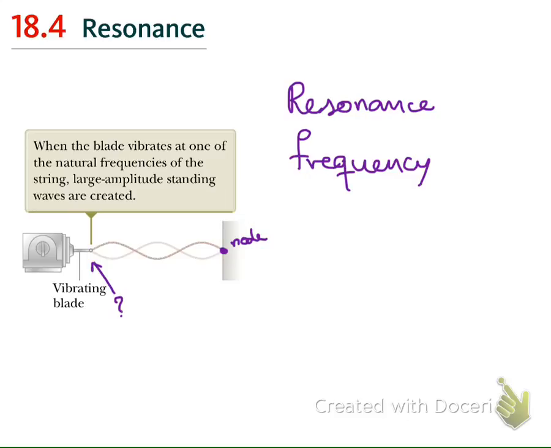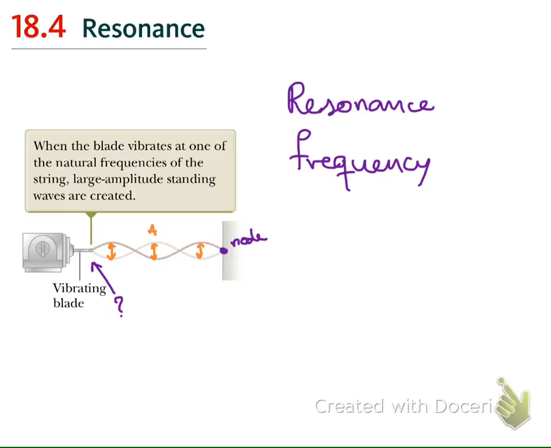But in the real situation, when we create the standing wave, the amplitude of the oscillation of the standing wave, especially at the antinode, is much larger than the oscillation at the blade here.